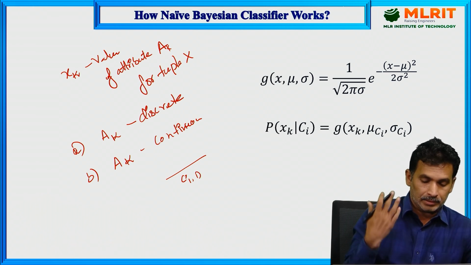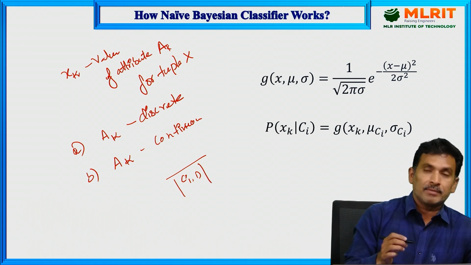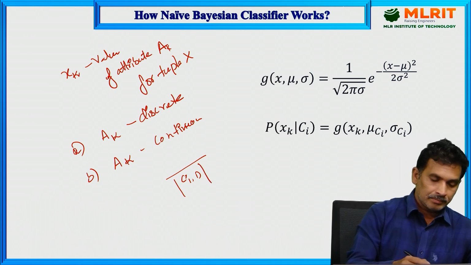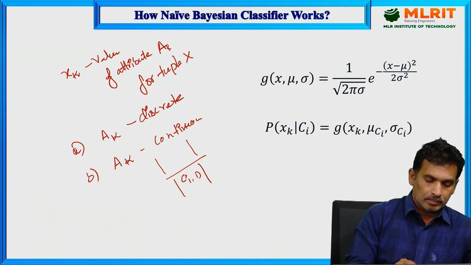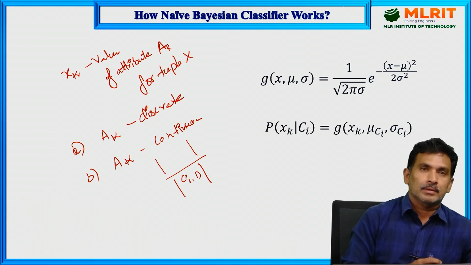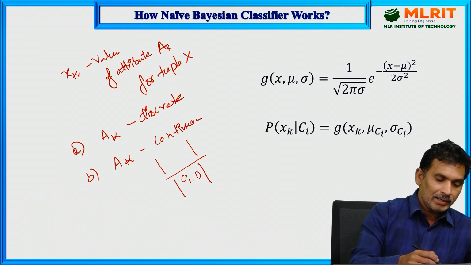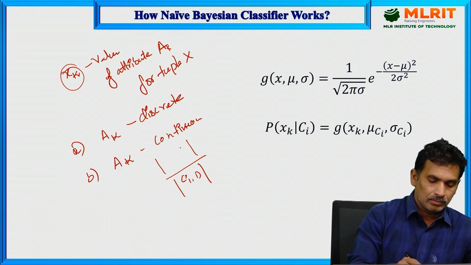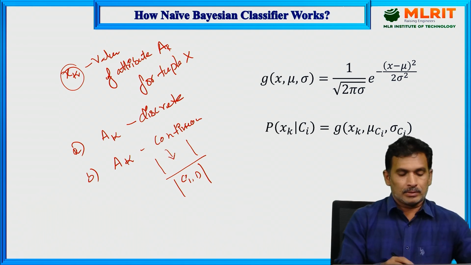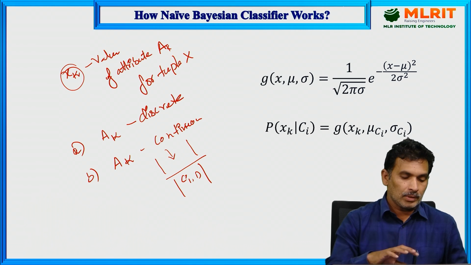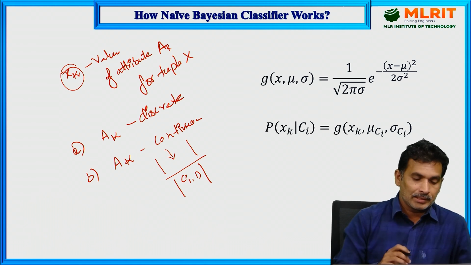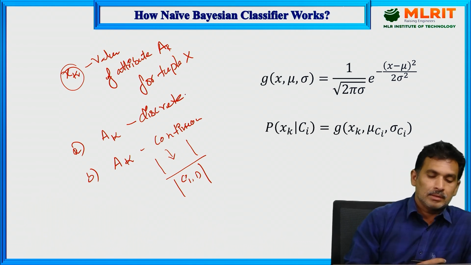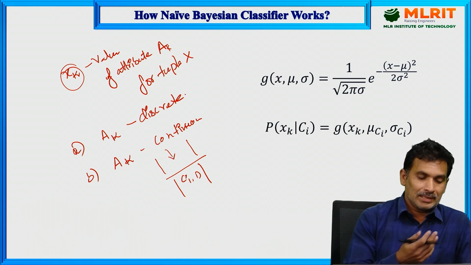For a particular class Ci in the database D, we take the total number of tuples belonging to class Ci, and count the tuples that have the value xk for that attribute. That gives the conditional probability when Ak is discrete.